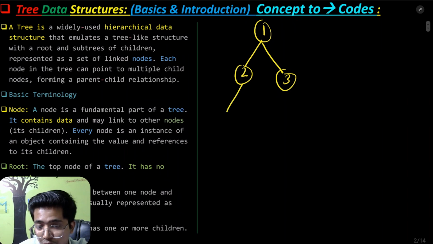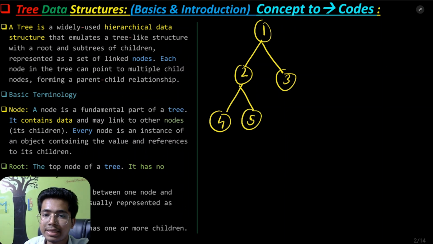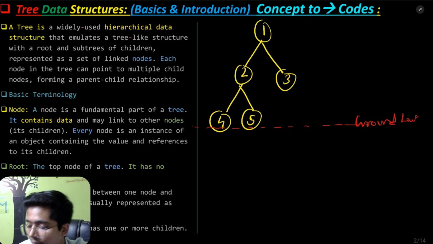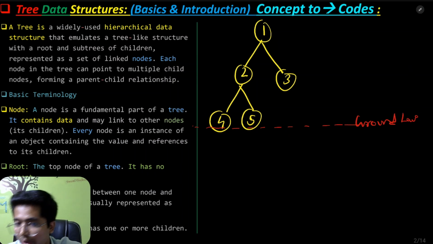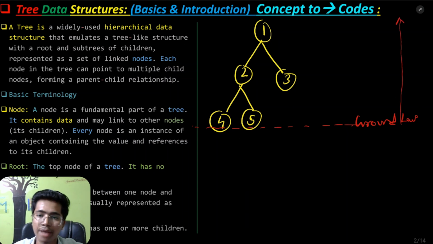Now observe, this is the ground level. The term height we always measure in terms of ground level. The more we move upward, the more the height increases.